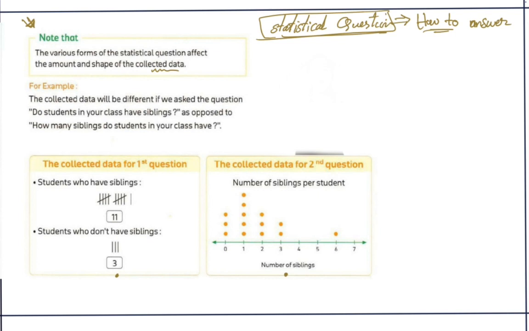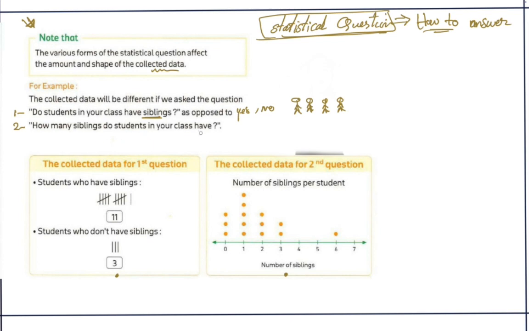We have 2 questions here. First one and second one. Note with me. First question, do students in your class have siblings? Maybe yes or no. But you need to ask everyone if he has sisters and brothers or no, right? Here, how many siblings do students in your class have?